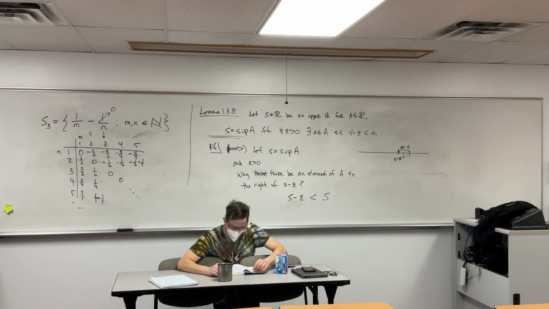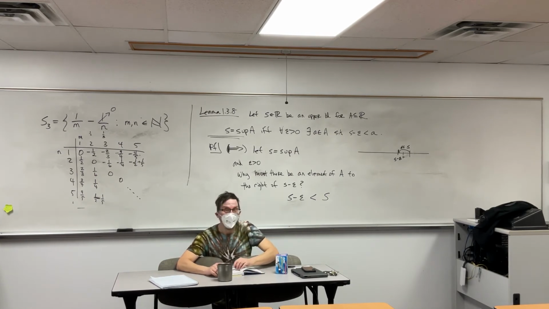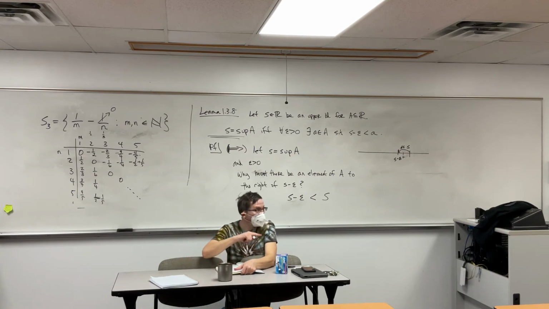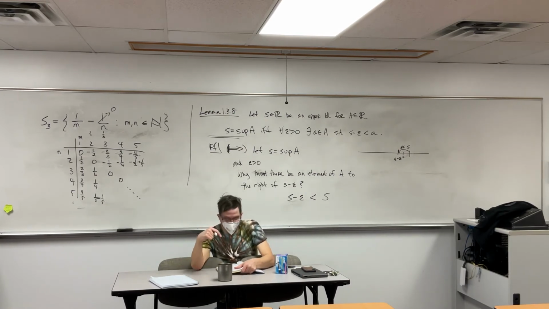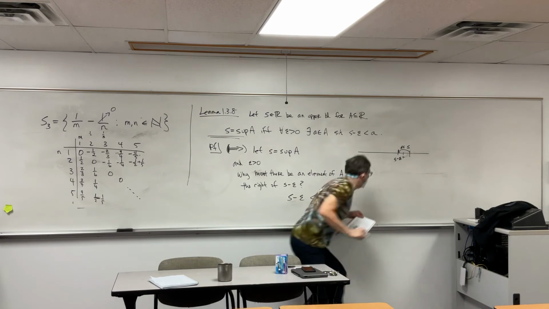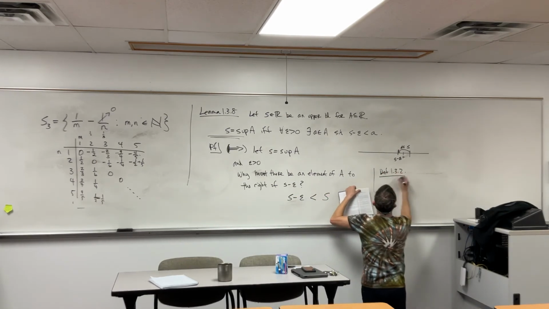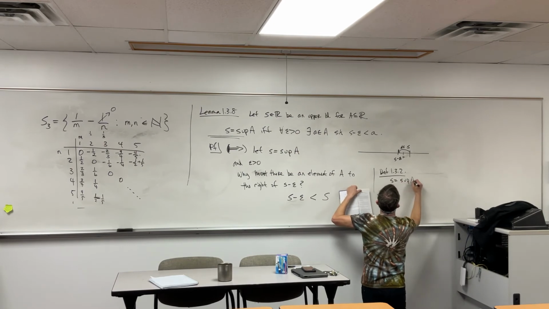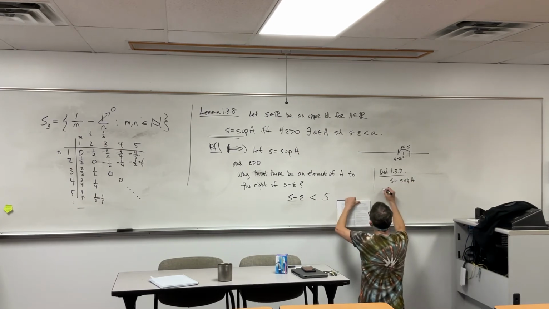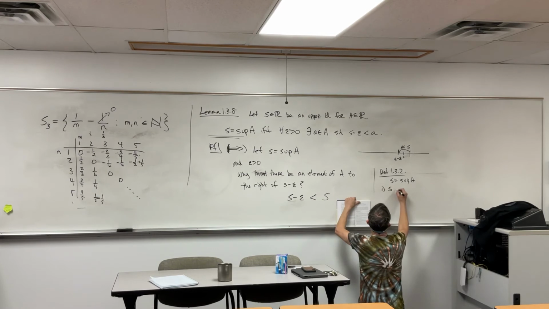Let me refresh our memory of definition 132. So definition 132 says, S is the sup, and let's put that right up here. Definition 132. So we say S equals the sup of A. That means two separate things. So first off, S is an upper bound.